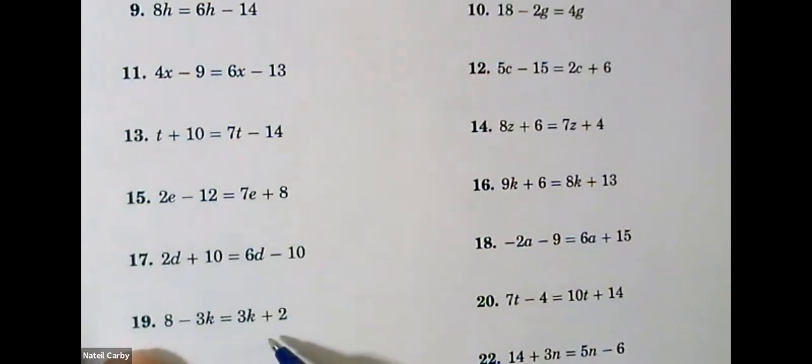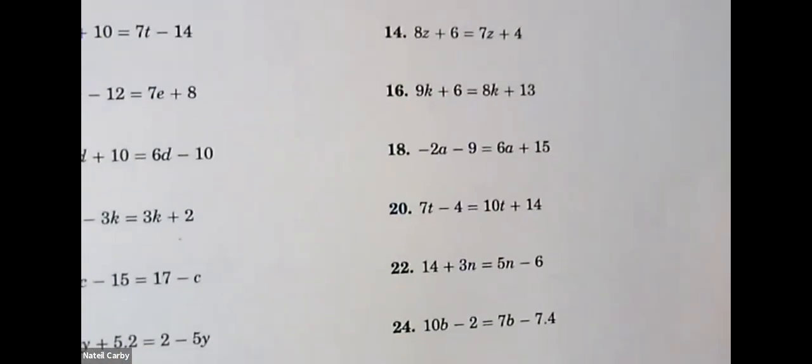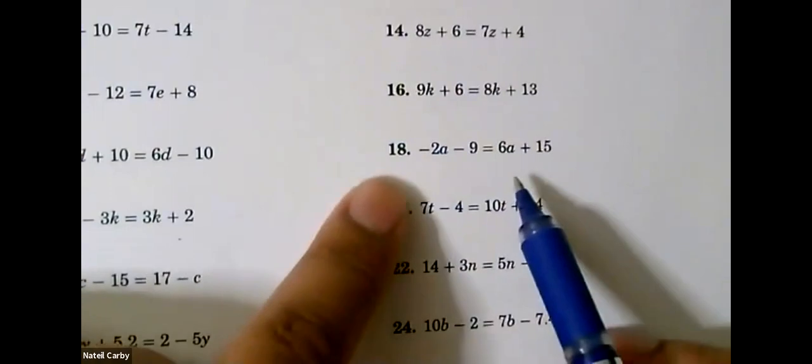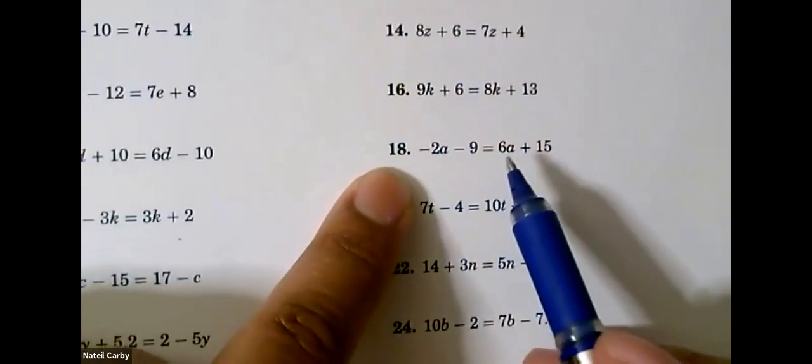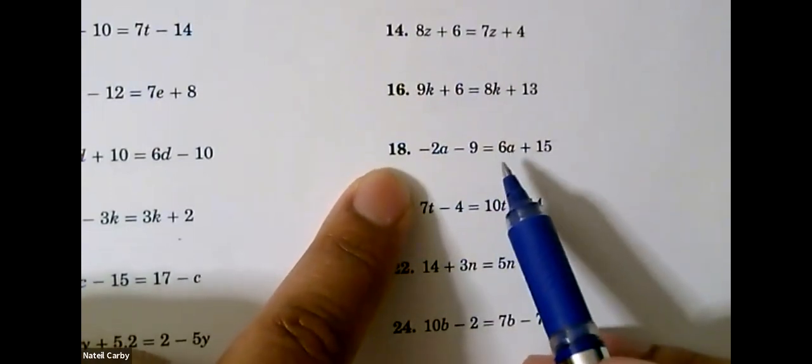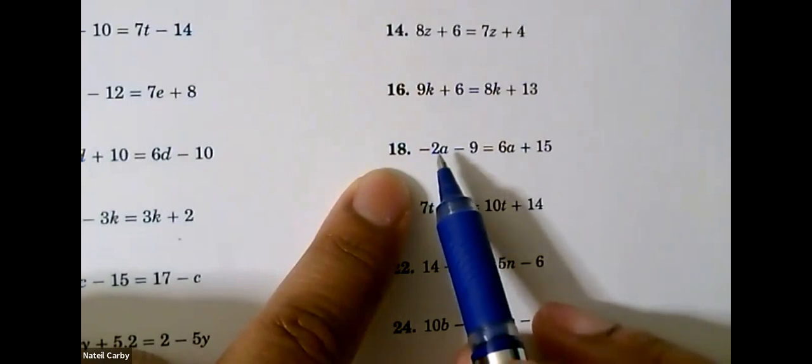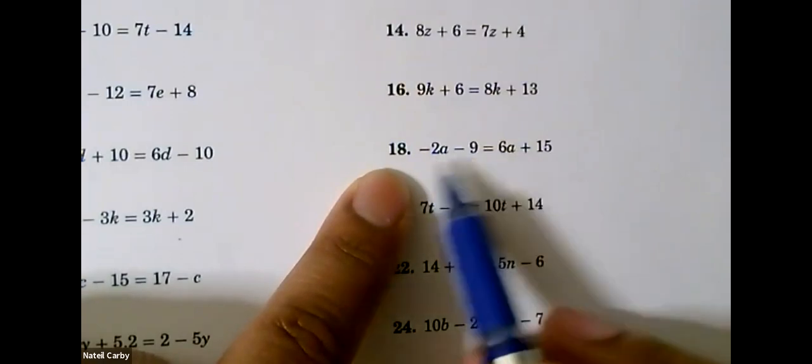I'm looking at number 19 here. Let's look at 18 and 19. With 18, you're dealing with the same principle, right? You want to move the smaller variable. You've got a negative 2a and a positive 6a.